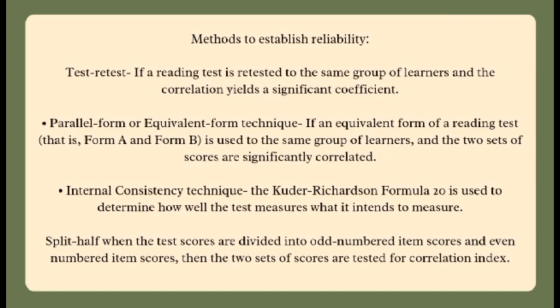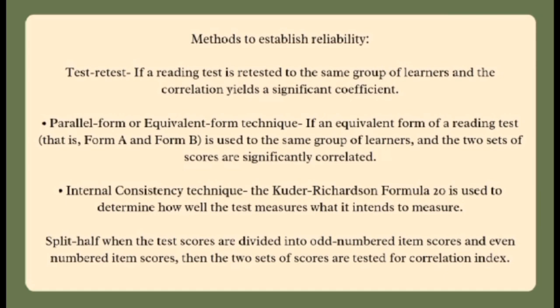Students are randomly assigned to take either Form A or Form B. High correlation between the scores on Form A and Form B indicates high parallel forms reliability. This demonstrates that the two forms effectively measure the same skills.